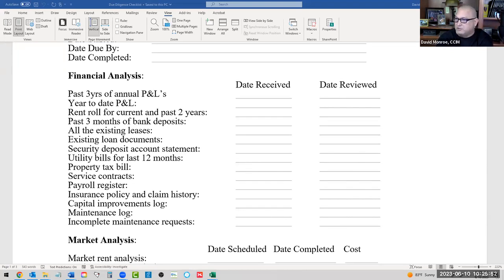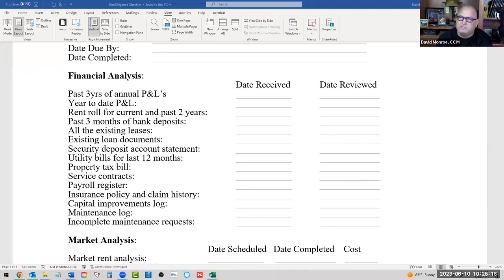Have there been any insurance claims? So you're definitely going to want to get that. Your new insurance provider, they will tell you how many years they want. Typically it's 3. The actual insurance policy itself is irrelevant unless you plan on assuming that policy. Make no mistake, it's going to go up.